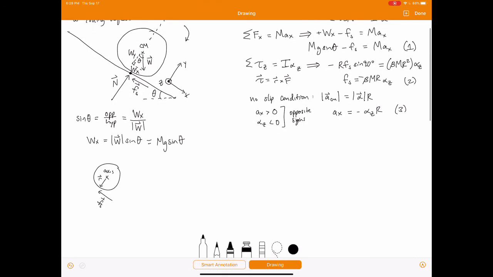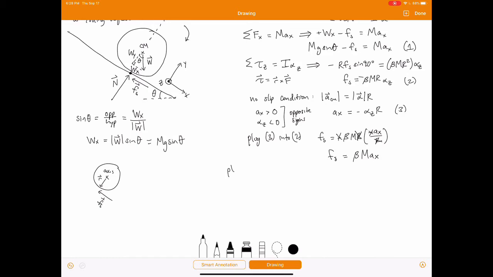So if we plug the result of that third equation into the second, static friction is minus beta times m r times alpha z, which is minus a x over r, according to the third equation. Cancel out the negative signs as well as the factors of r to say that Fs is equal to beta times m times a x.